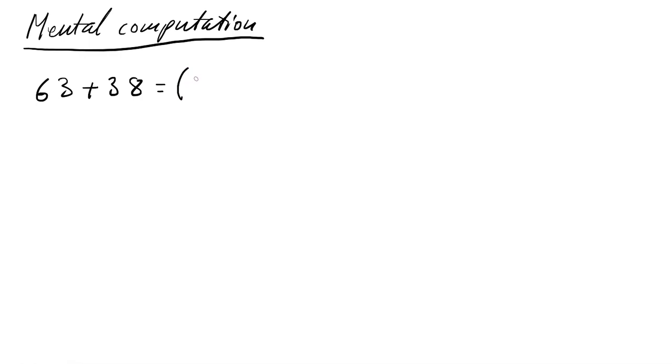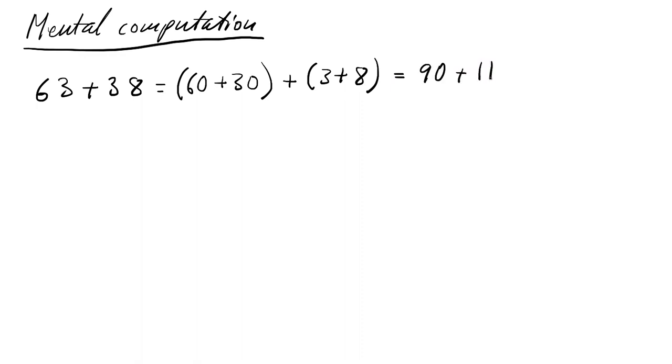So one method or strategy is to add the tenths separately and the ones separately. So this you do in your head. So 60 plus 30 is 90, and 3 plus 8, that's 11, and then that's 101. So this you have to do in your head.